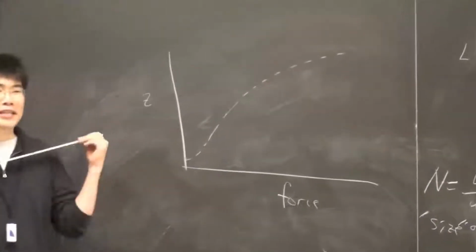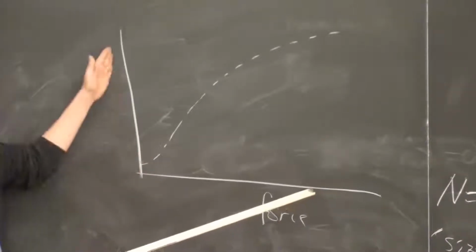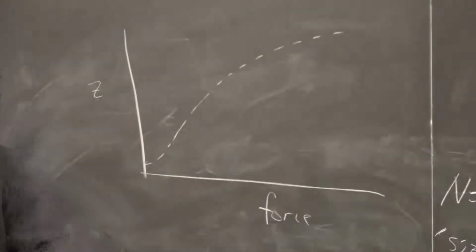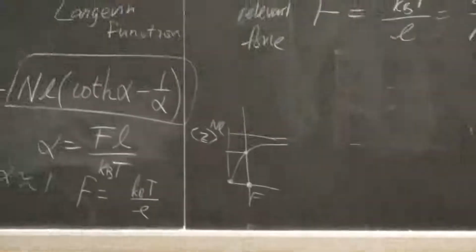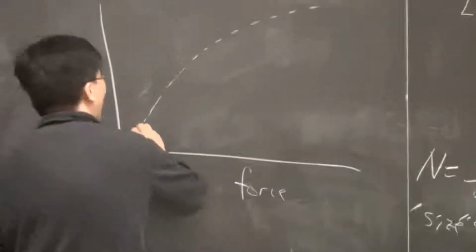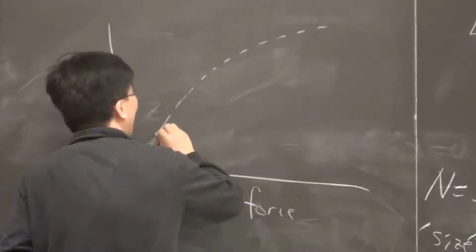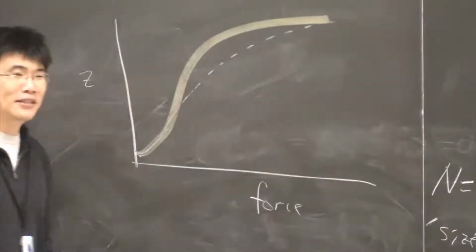As you apply higher force, Z eventually saturates, just like what I show here, right? And then they fit the data using this formula. Their fit was excellent here, and was not so excellent up there.